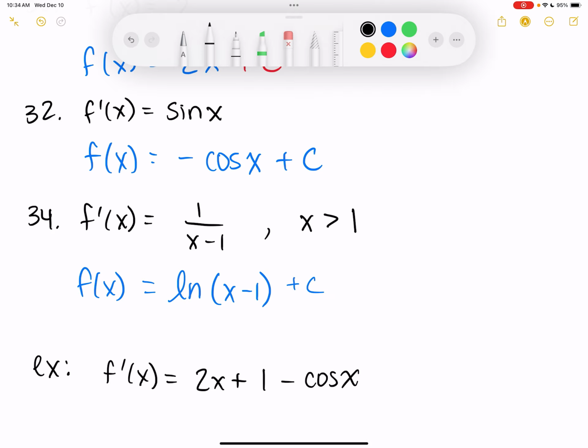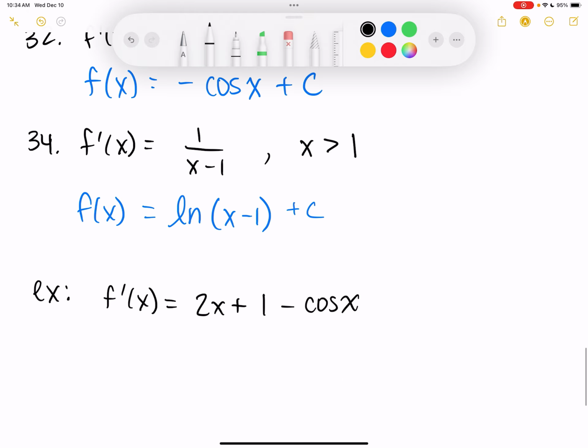They wanted us to do this one just so we can see something a little bit more challenging. We take the number that's in front. Well, let me back up. I always look and say, okay, I need to take the variable and add 1 to the exponent. So that would mean that this has to be squared.